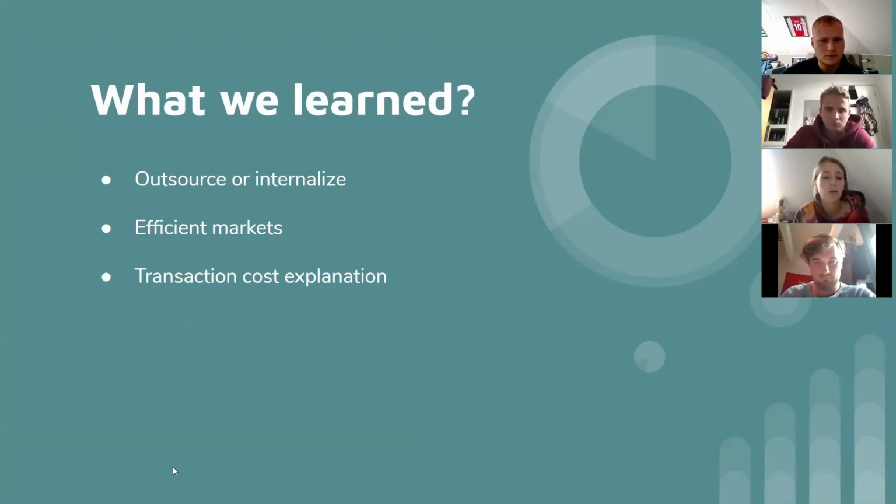And now, lastly, what we learned from the case. First of all, we learned the slightly easier things from the lecture. An example of this is when companies should outsource their activities and when companies should internalize their activities. Something we learned from the case is a simple explanation, and that is the lower the transaction costs are, the more efficient markets will be, and the smaller the firms will be.